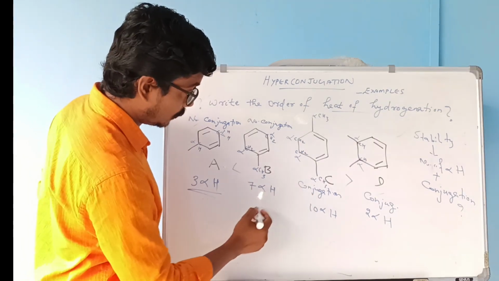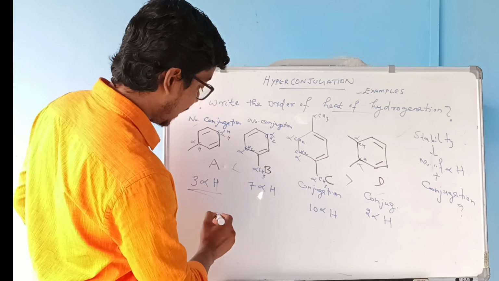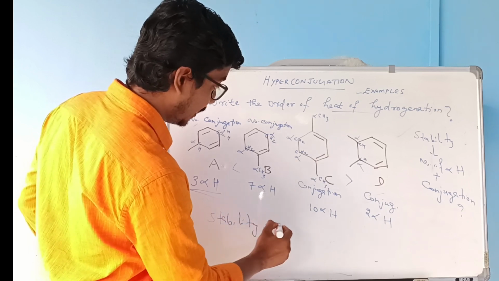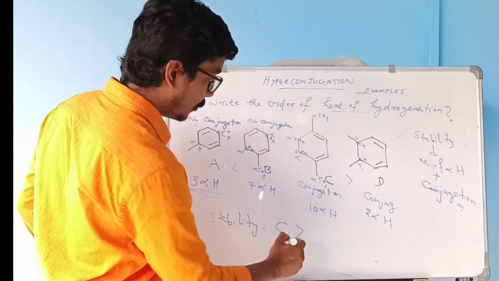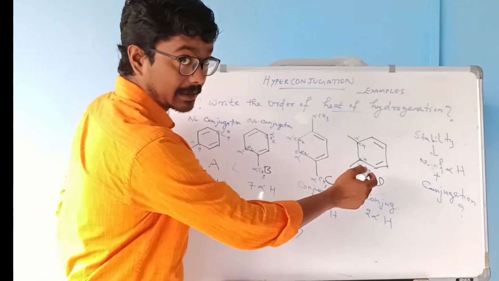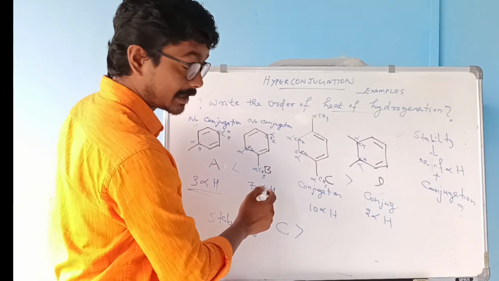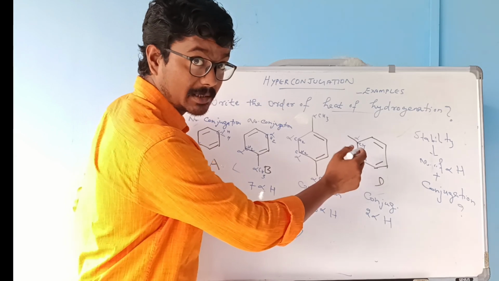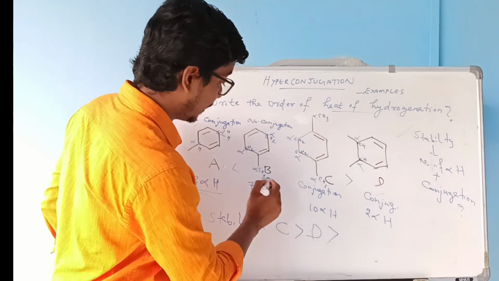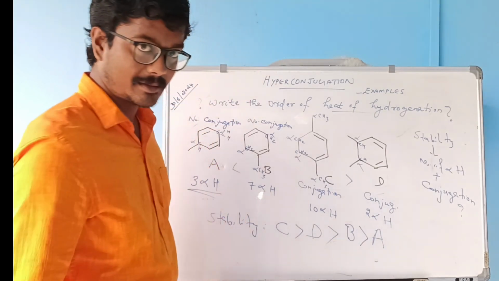So among these two, C possesses conjugation with the maximum number of alpha hydrogen atoms. So the stability order will be C most stable and then D, because conjugation is there. Instead of comparing the number of alpha hydrogen atoms, the compound possessing conjugation is more stable. So C greater than D greater than B greater than A, right?